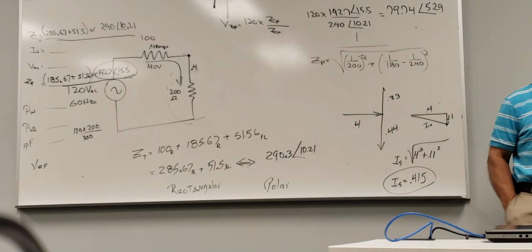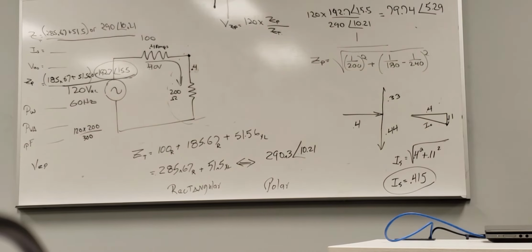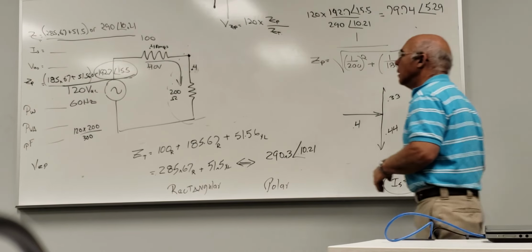Any questions? So once you found VP, you took it and just subtracted that from the total voltage, and then that's what you had.